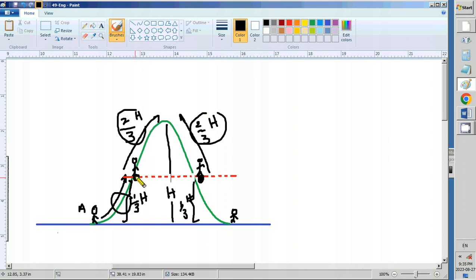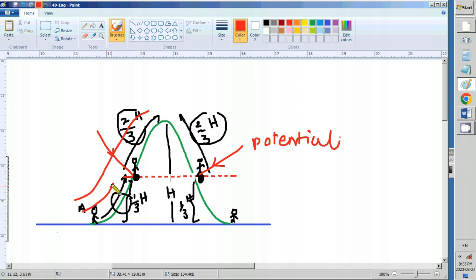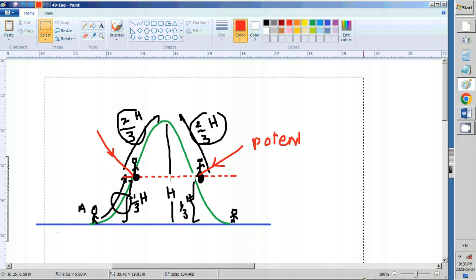Then we can decide that these 2 points are at the same potential. So we have to consider the total length and the distance that they have already passed, both of them. That is the idea that we are going to use in this electrical circuit.